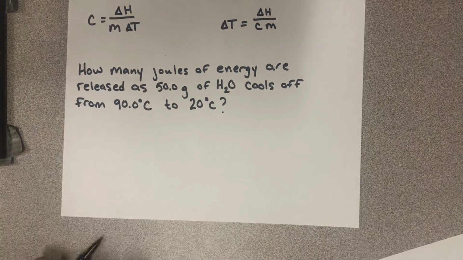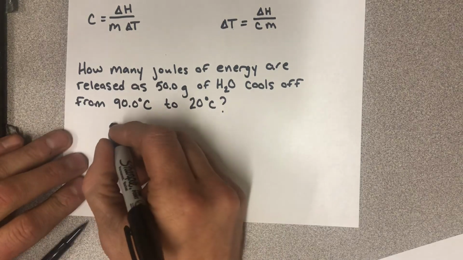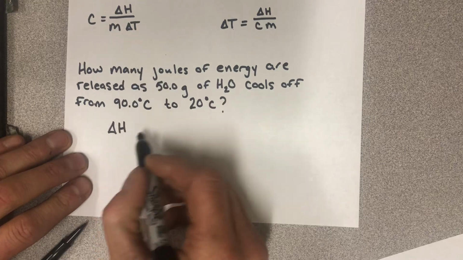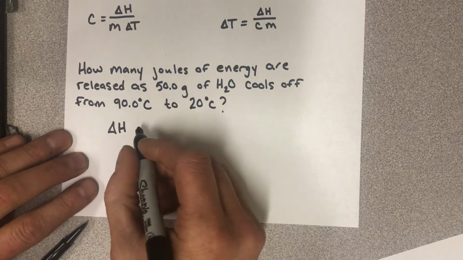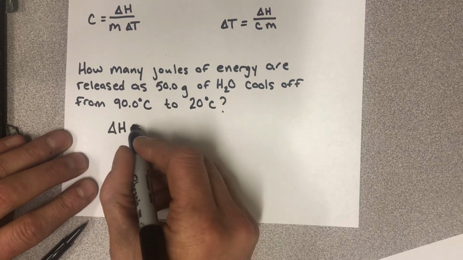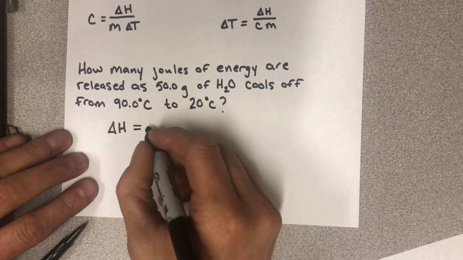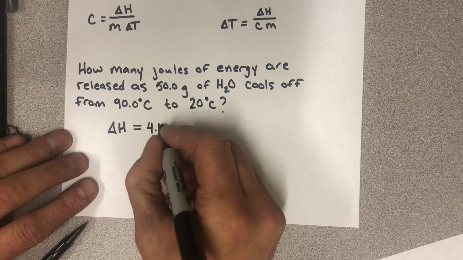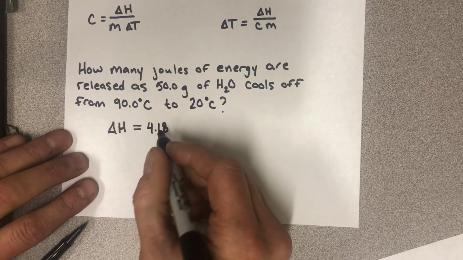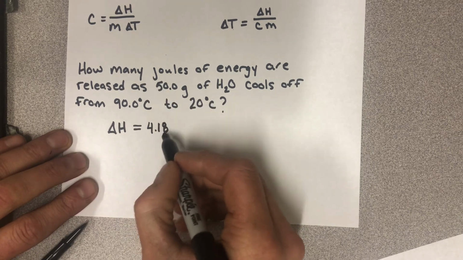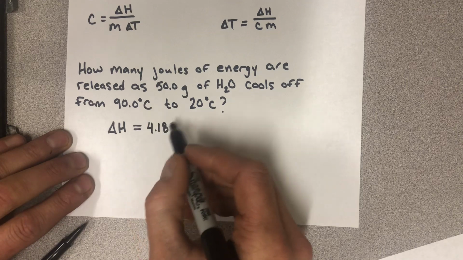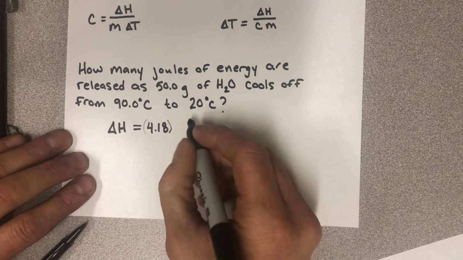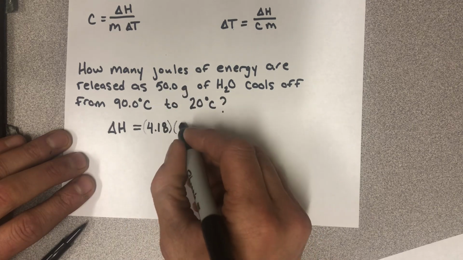Okay, so let's set up our equation here. ΔH is what we're solving for, the amount of energy released. And we're going to set that equal to c, which for water is 4.18. Okay, that's the specific heat value for water, because we're talking about water. And then we're going to multiply that by the mass of water, which was 50 grams.